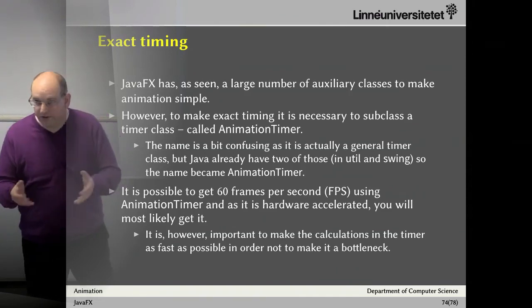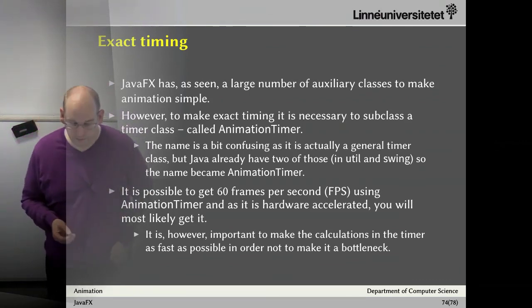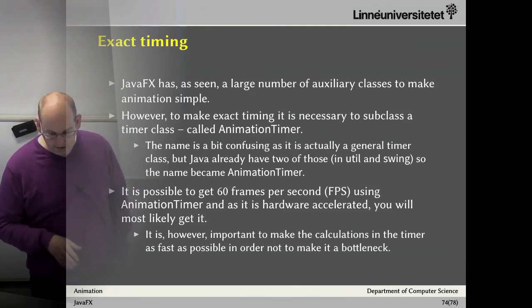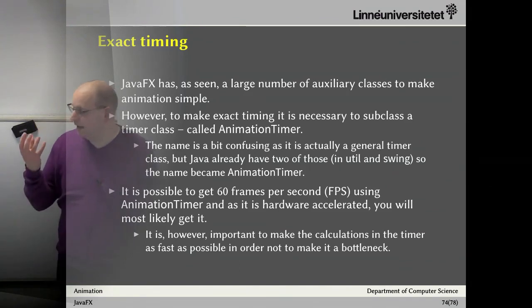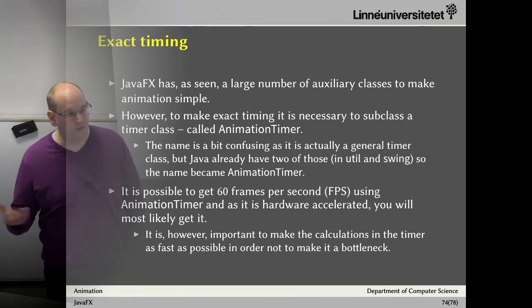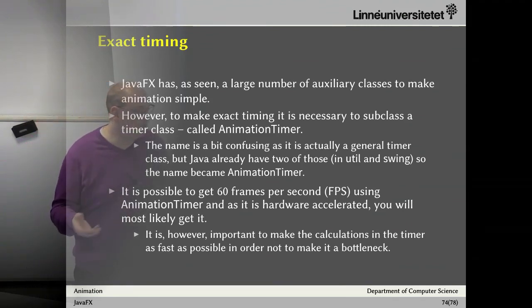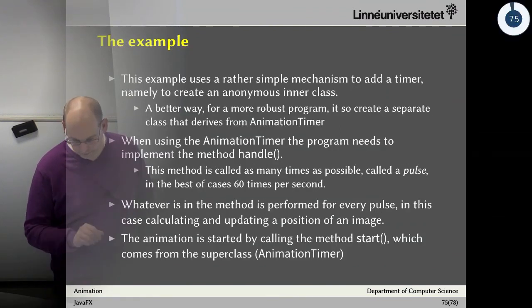And with this framework and hardware acceleration, we most often will actually get 60 frames per second doing this. Important, of course, that you shouldn't have a calculation that is too complicated, because then that will be a bottleneck. But as long as it is fairly simple, you will be able to make these calculations so fast that the updates are possible at 60 frames per second.